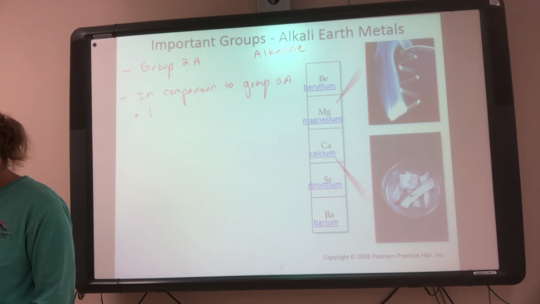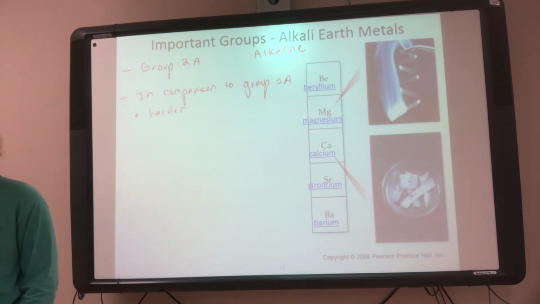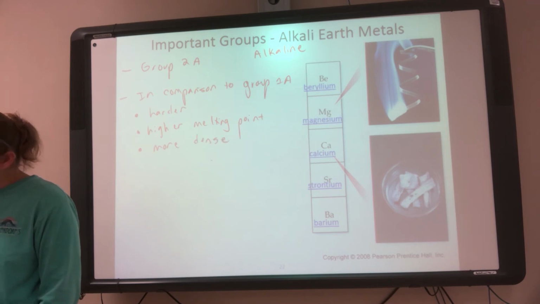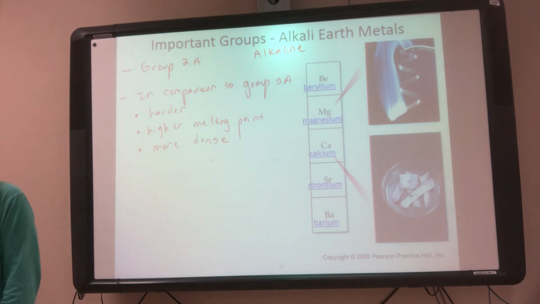These guys are harder. It's not necessarily hard, they're just harder. They have higher melting points, and they're more dense when we're comparing them to group 1A. They're not necessarily really hard or really dense on their own, they're just higher than the other group.